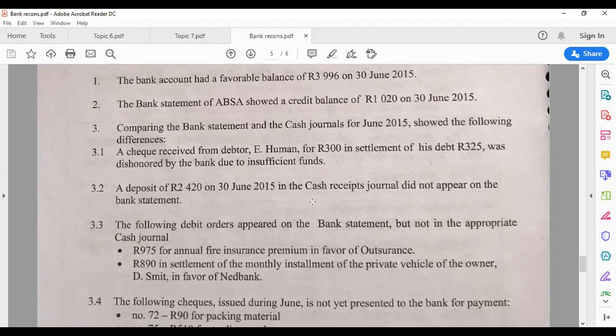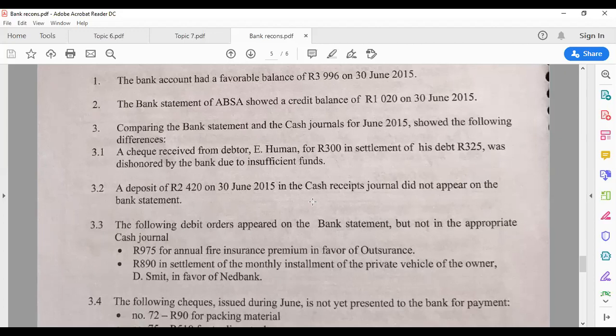So basically, this check bounced because he didn't have the 300 Rand in his bank account, and he wanted to settle 300 Rand of the 325. A deposit of 2,420 Rand on 30 June 2015 in the cash receipts journal did not appear on the bank statement.